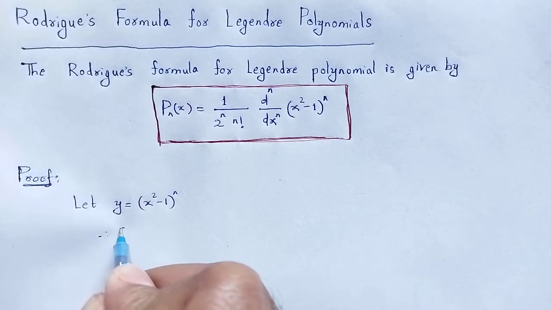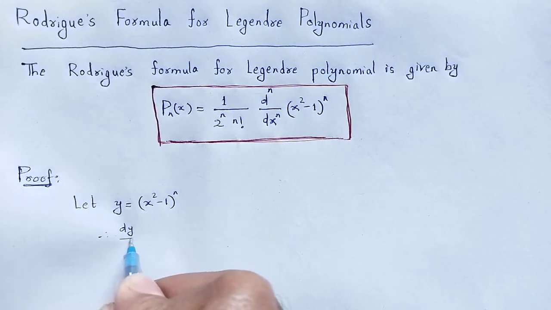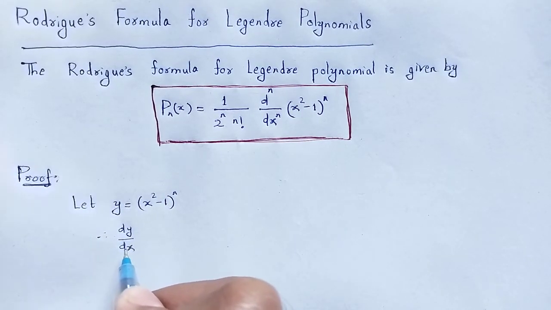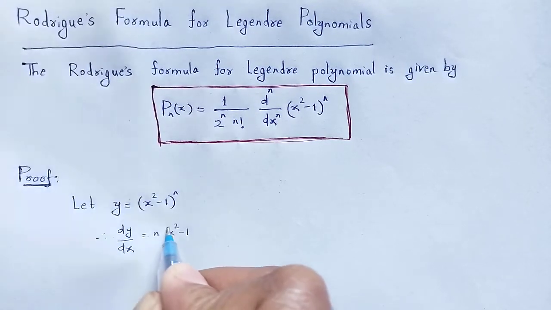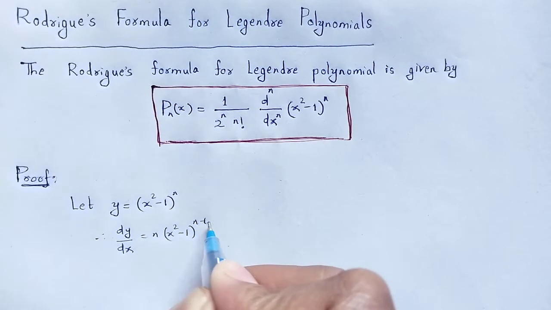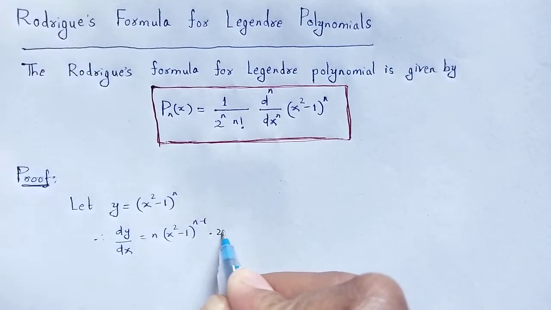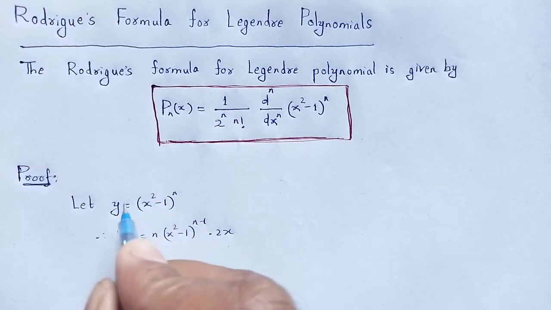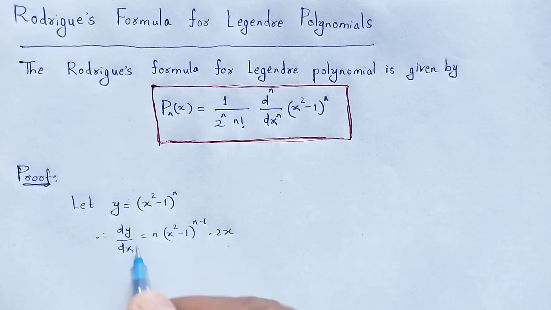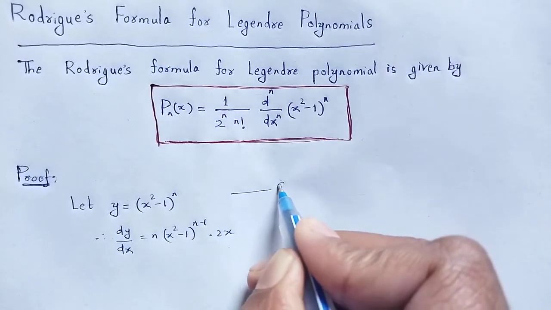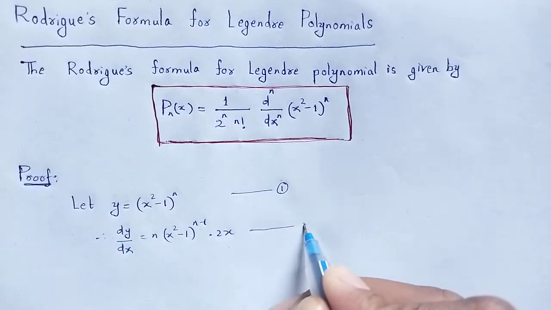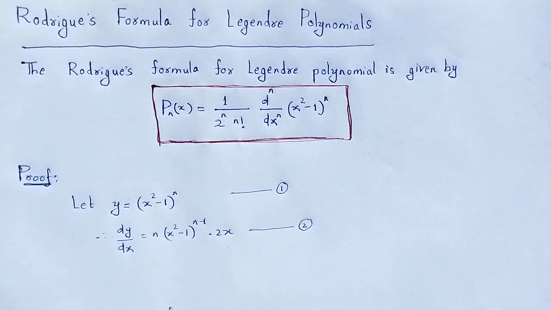Therefore, dy by dx is equal to n (x square minus 1) to the power n minus 1 into 2x, the first order derivative of y. Let me call that equation number 2.